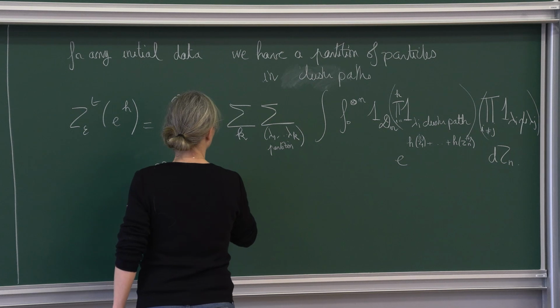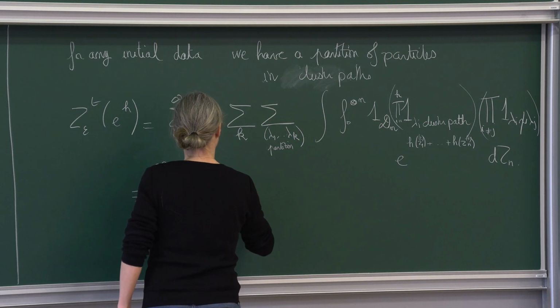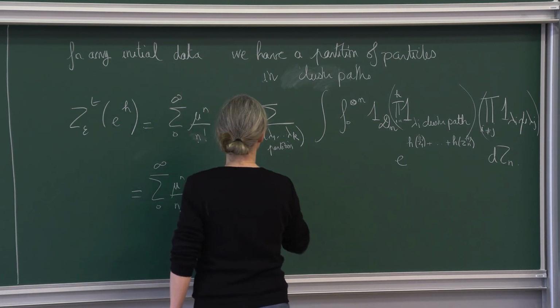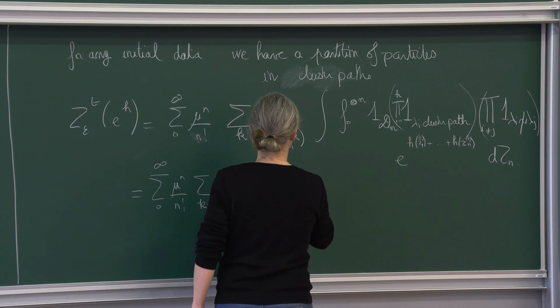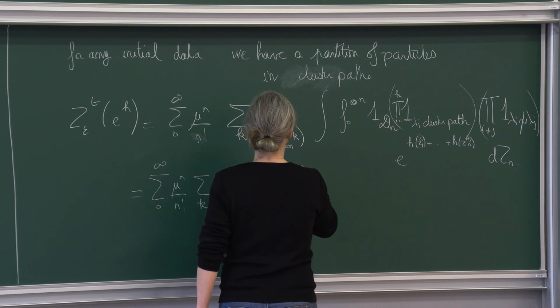So I keep this lambda k, so this is a partition. And now I will have a product from i equal 1 to k.